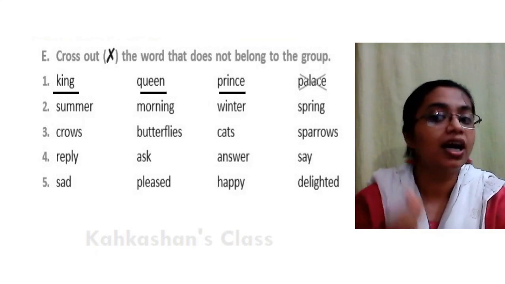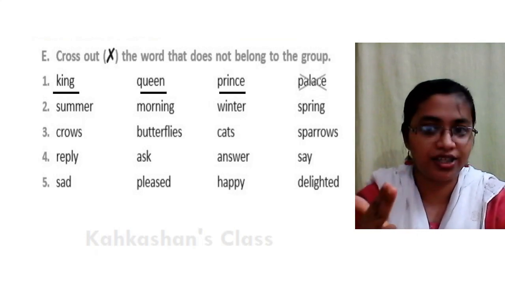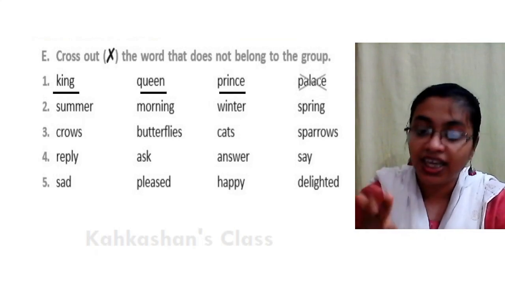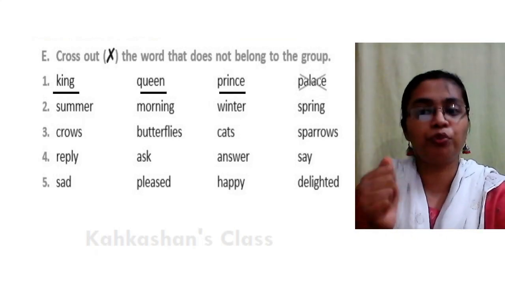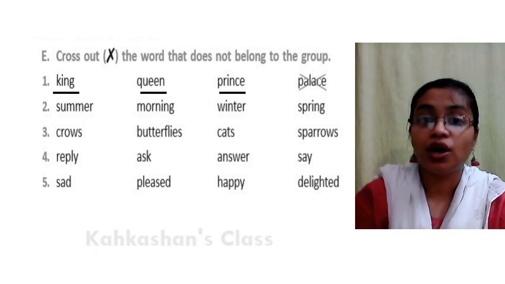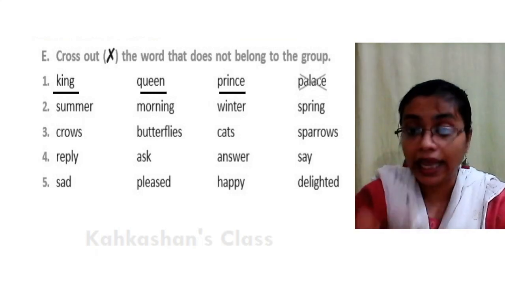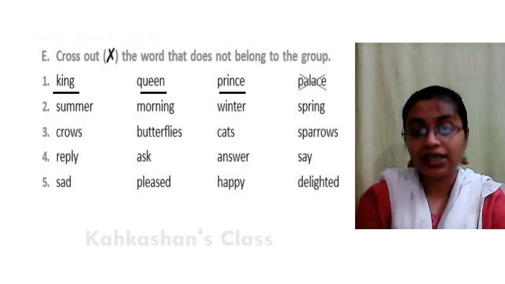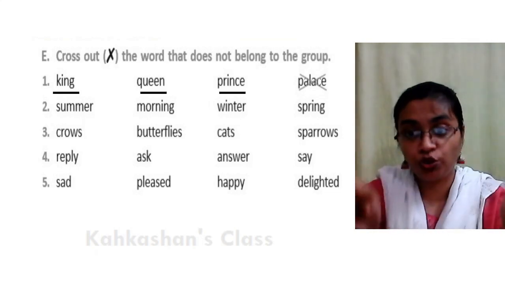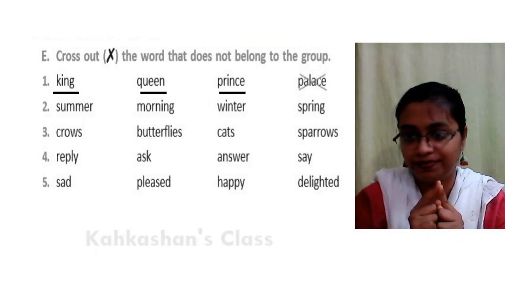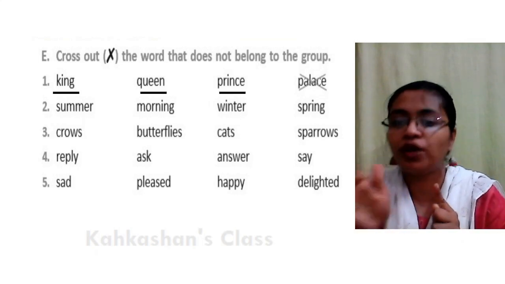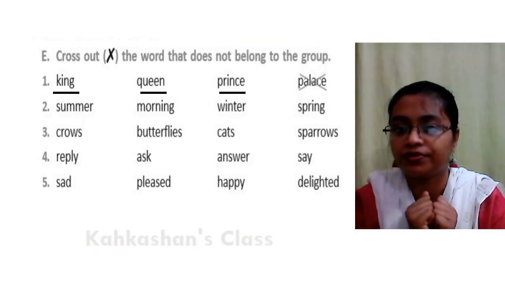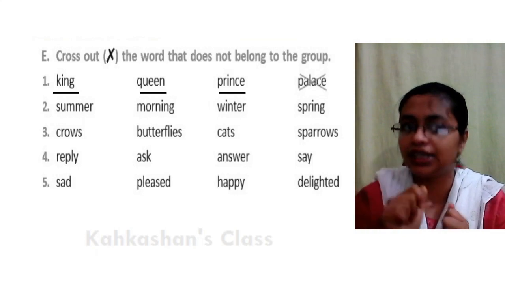King, queen and prince are people. King's wife is queen. King and queen's son is a prince. And where they live, the place or the house, is called a palace. So palace does not belong to the group of people. So it is the odd one out. It is a different word from this group. So we tick the word.